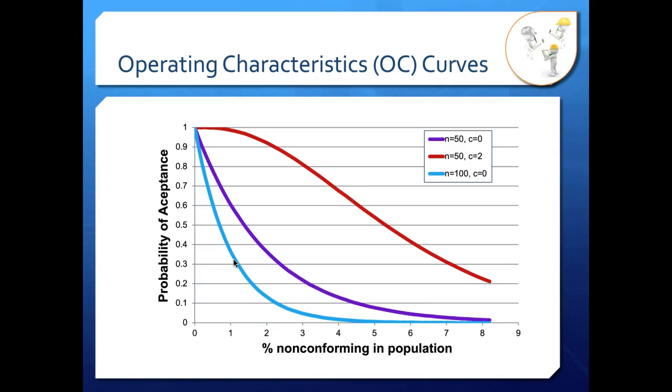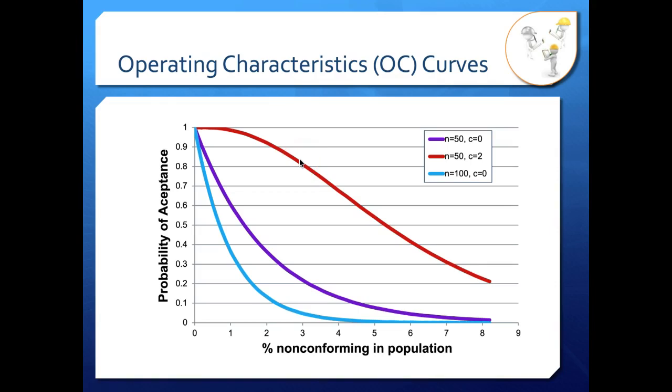We probably won't pick up a lot of those nonconforming units, but we're likely to get at least 1, and we can't have any in our sample. That means we have somewhere around a 35% chance of accepting our lot. So only 35 lots out of 100 are going to pass inspection with that tight a criteria. So you can see how these OC curve shapes change based on your sample size and your acceptance criteria.